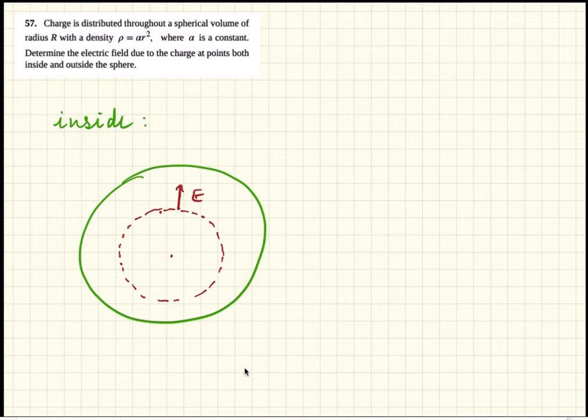Let's call this distance r prime. That's the distance at which we're trying to find the electric field. Since the charge is radially distributed, what I'm going to do is draw a shell.